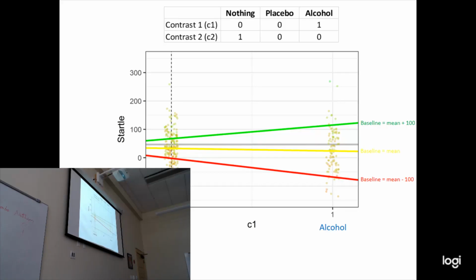I'm allowing the effect of C1, the difference between, say, placebo and alcohol, to vary by baseline startle, or alternatively, I'm allowing the effect of baseline startle to vary by the difference between placebo and alcohol.